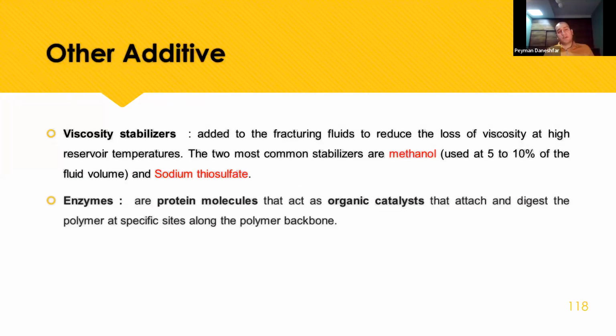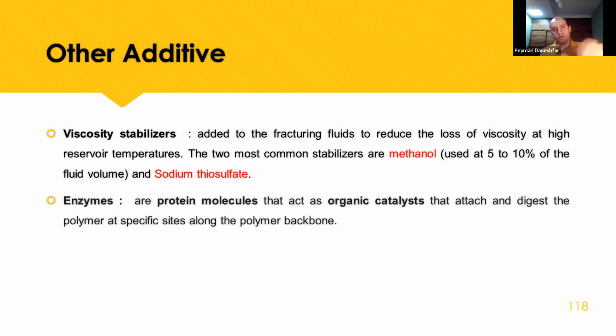Another additive that I want to explain is a viscosity stabilizer, because when we put a gelling agent into a well, we want a stable viscosity, which is important for transporting proppant.